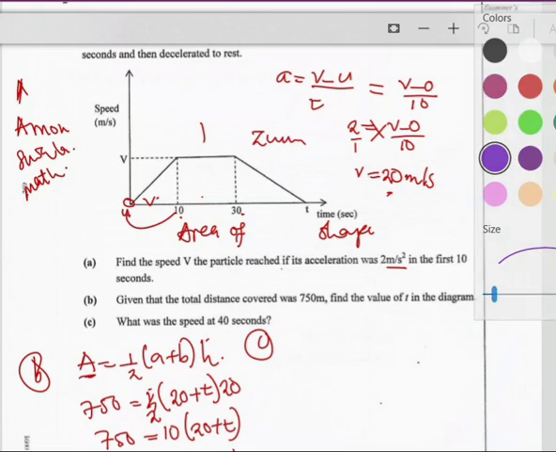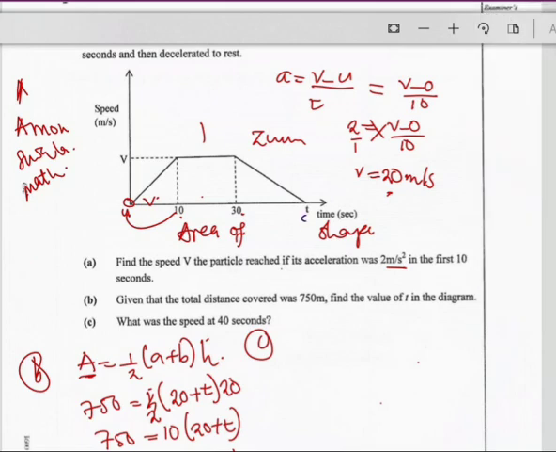At 40 seconds, we have 30 here, and we found that this is 55. So 40, roughly, is here. We are looking for the speed here at 40 seconds, which is our v.